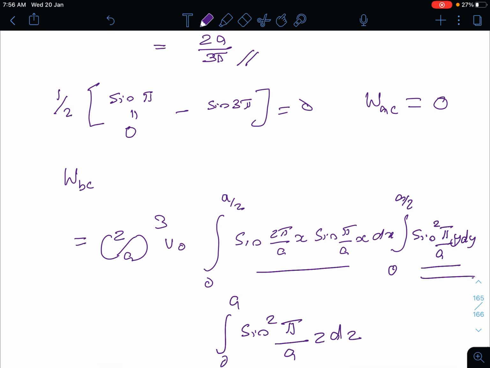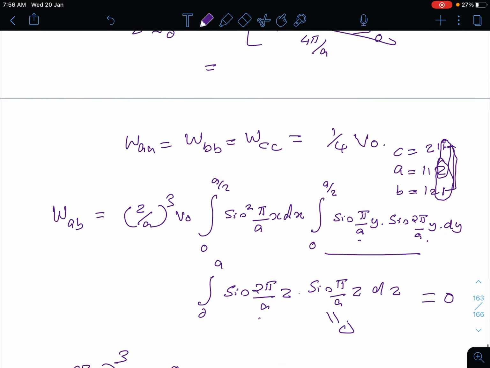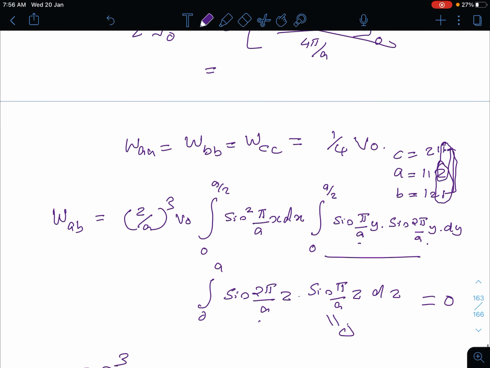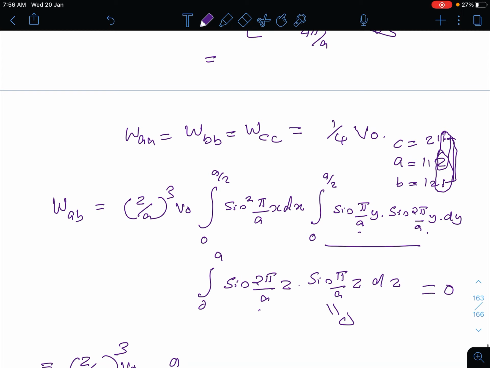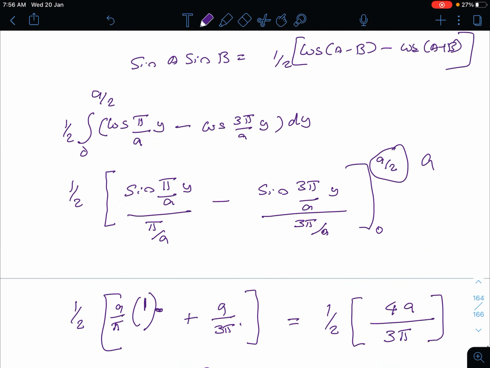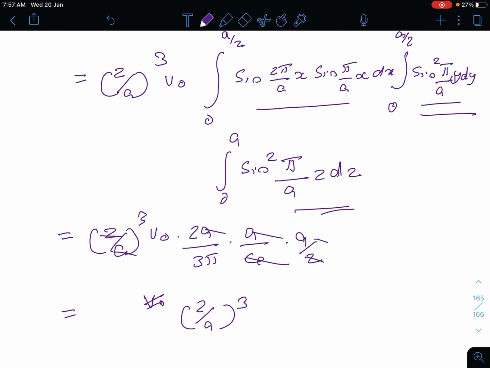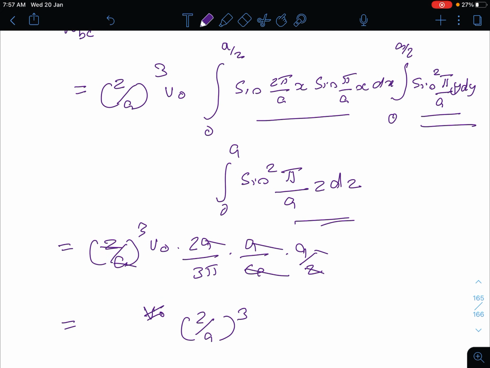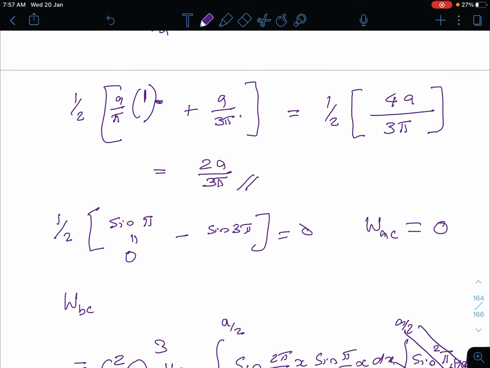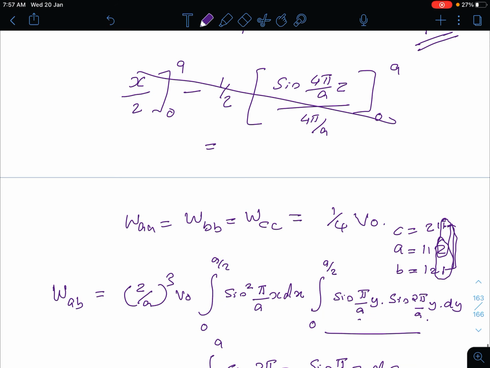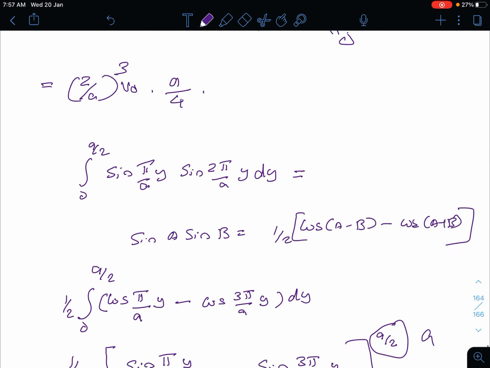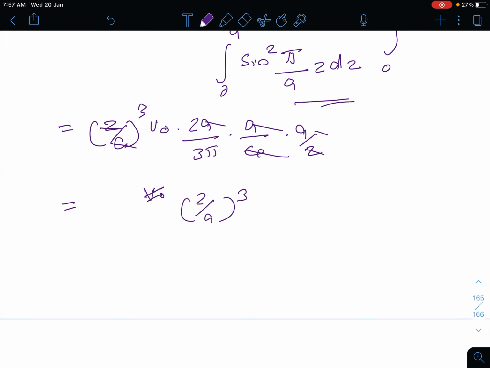Okay, B, C. What was C? C is 2, 1, 1 and B is 1, 2, 1. So this is not correct. This term I've made wrong. So this term also would be something like 0 to a by 2. This is BC, so 2, 1.